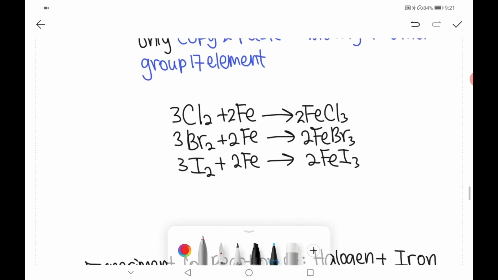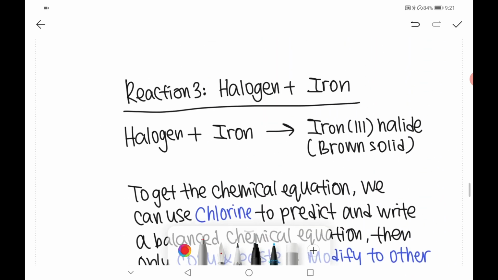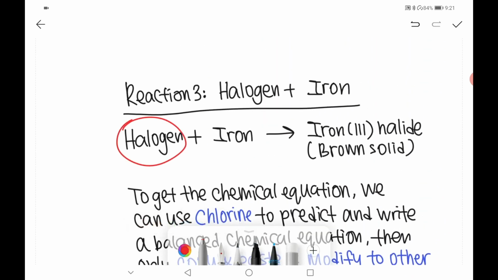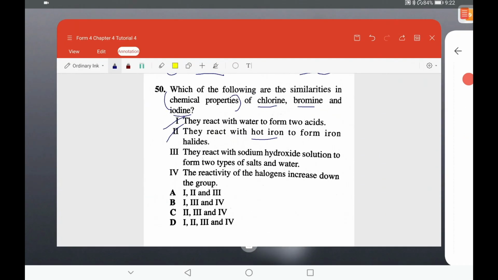When group 17 reacts with iron, you form iron halide. By right they should write iron(III) halide. They didn't put the Roman numeral III, but it's okay. At least you see the word iron, you see the word halide. So correct.